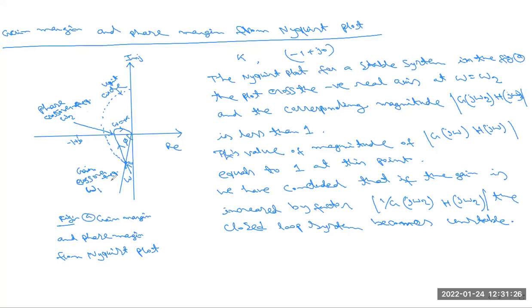And the starting point here, where omega is connected from the negative region to the positive real axis, this frequency is called the gain crossover frequency, and we express it as omega 1. So we have to tell what is the basic definition of the gain margin.